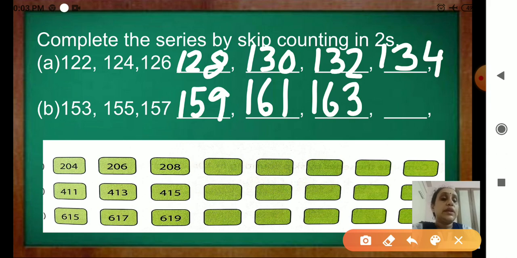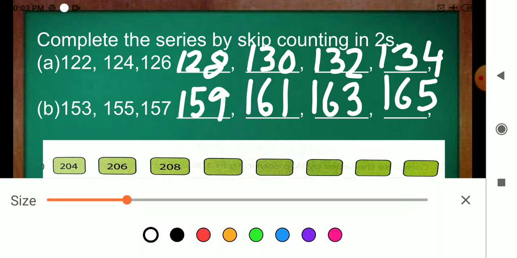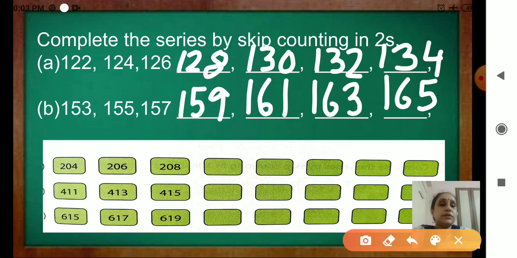After that 164, 165. Understood, children? How we will do? You will keep on counting. You will do the skip counting and then write.